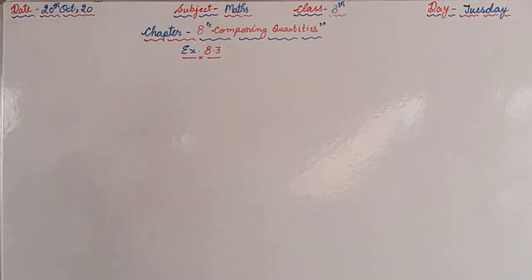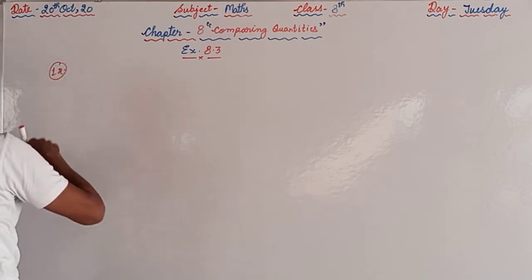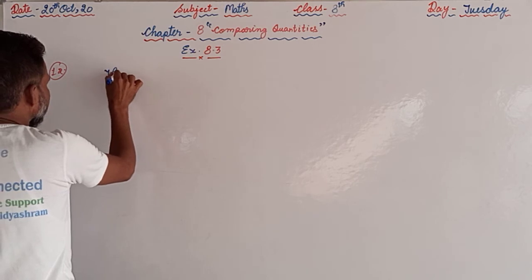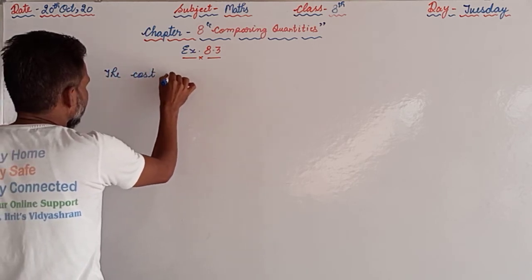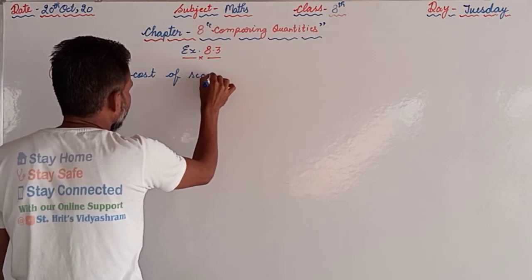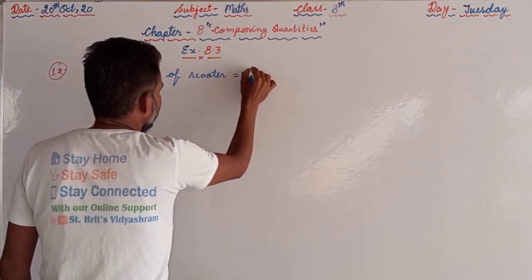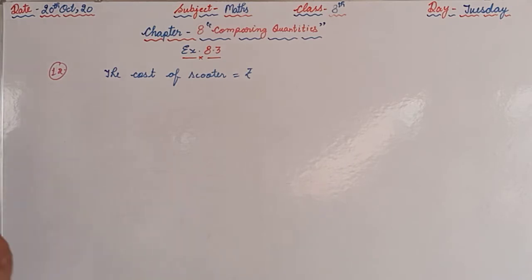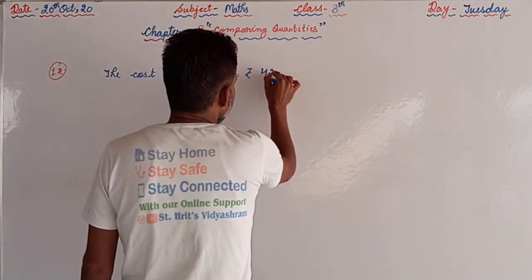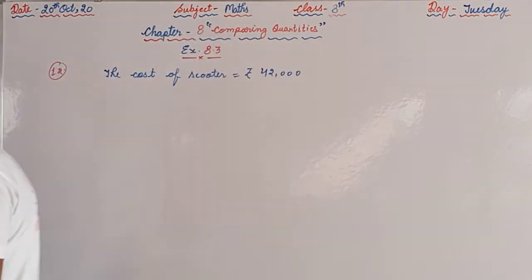First of all, we should read the question. A scooter was bought at 42,000. So the cost of the scooter is 42,000, and after that its value depreciated.